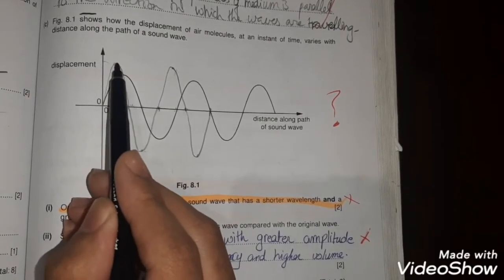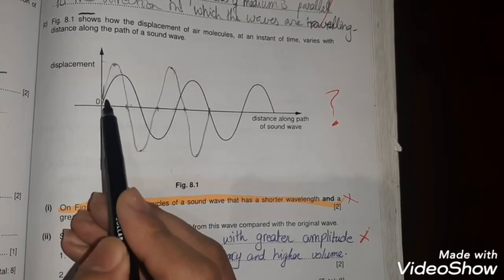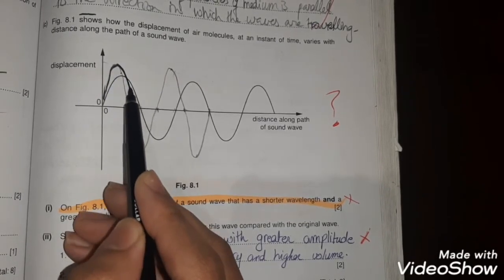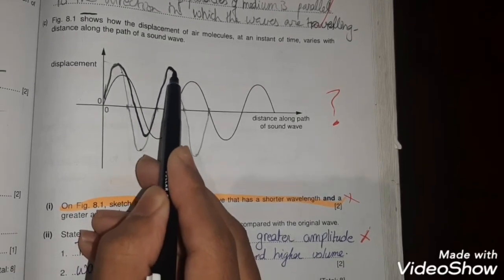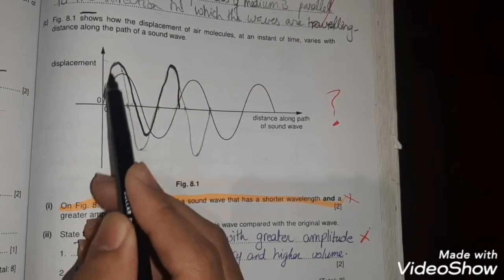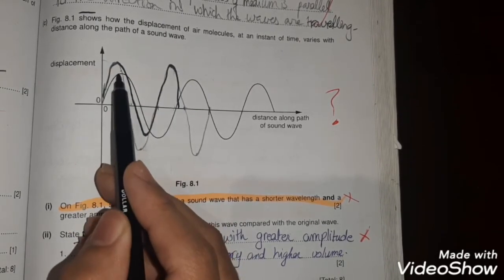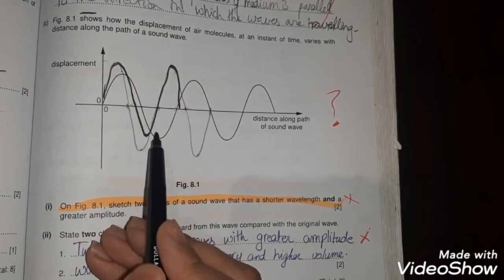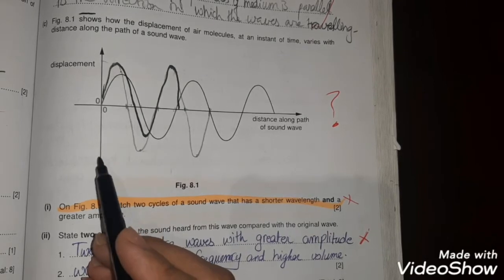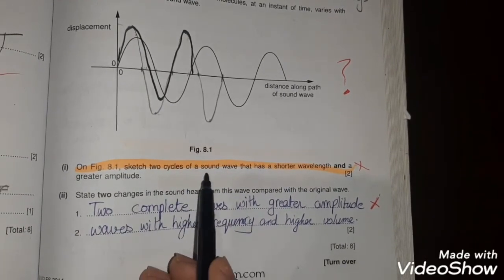So we will move the wavelength a little bit onto the left side and draw a line from 0 over here, and then like this. The wavelength will be shorter, and it will be at a higher displacement as compared to the first wavelength. So this is how we will draw two cycles of the sound wave.